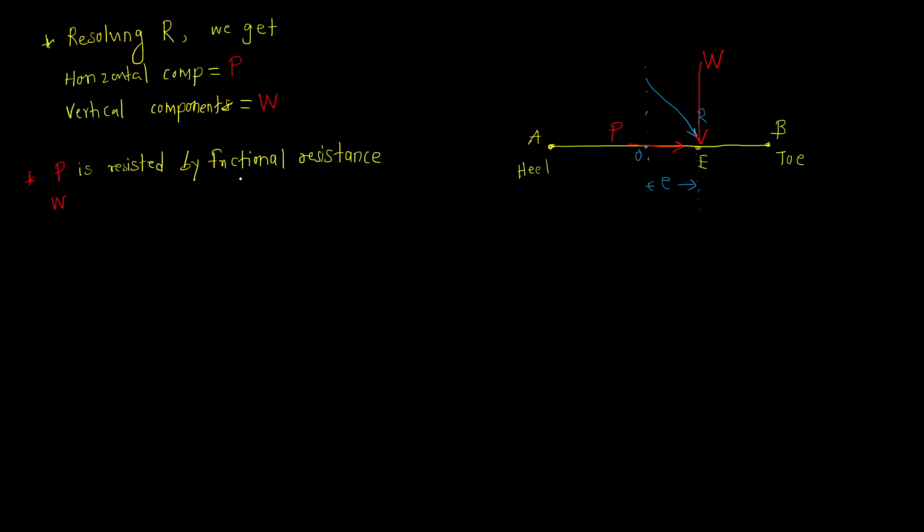Okay, so P is resisted by the frictional resistance, and this W is resisted by the normal reaction. Normal reaction by capital N and frictional force by capital F. So quickly we will see these both things.